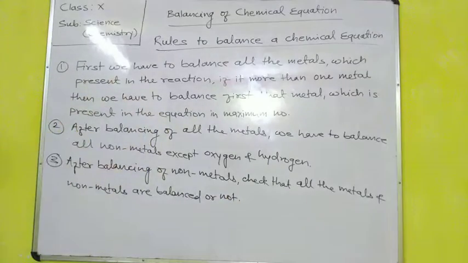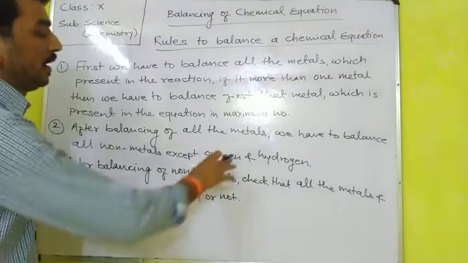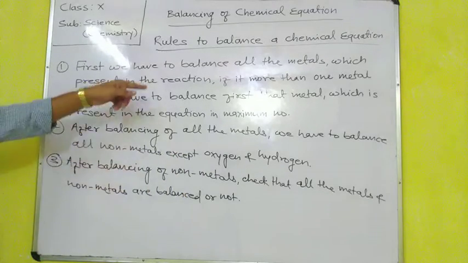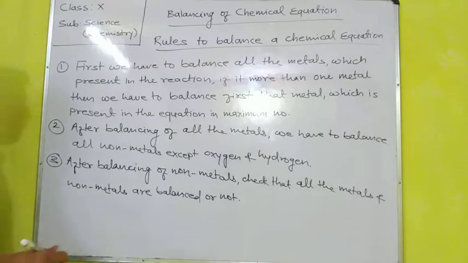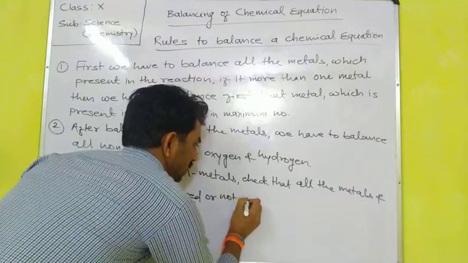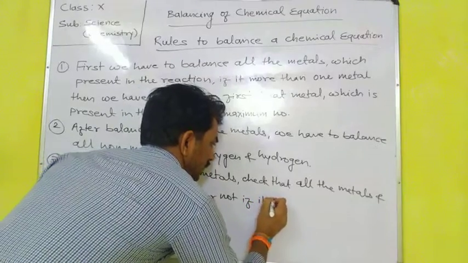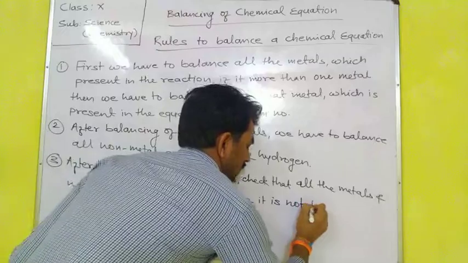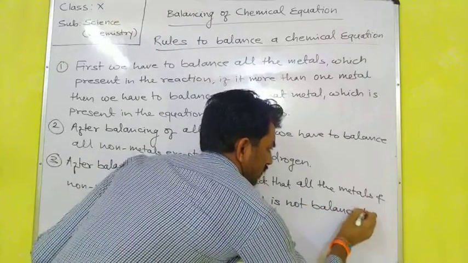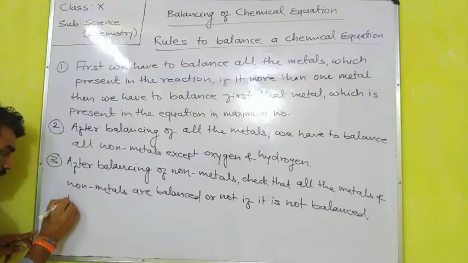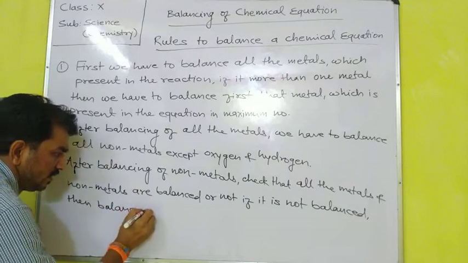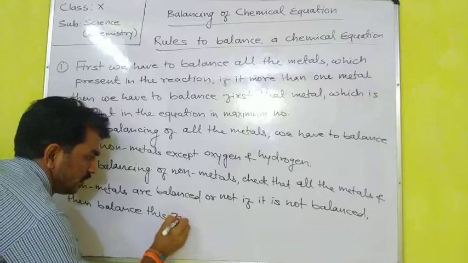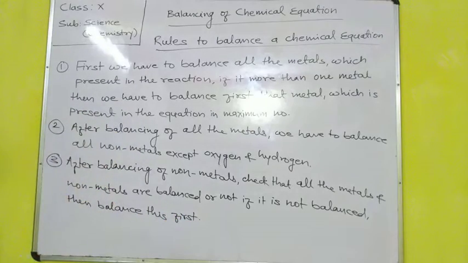If it is not balanced, for example if balancing the non-metals disturbed any metal so that the number of metals in the reactant is unequal to the number in the product, then balance that first. After that we proceed to the next step.